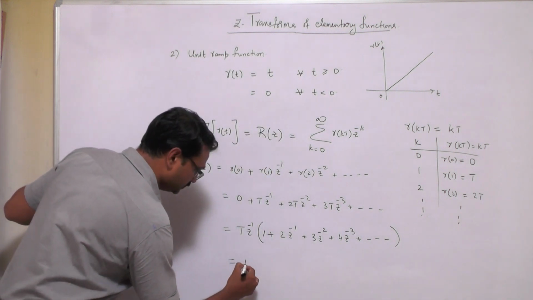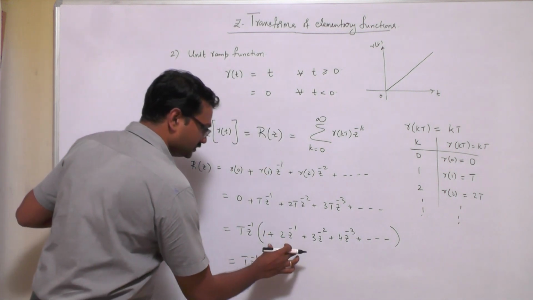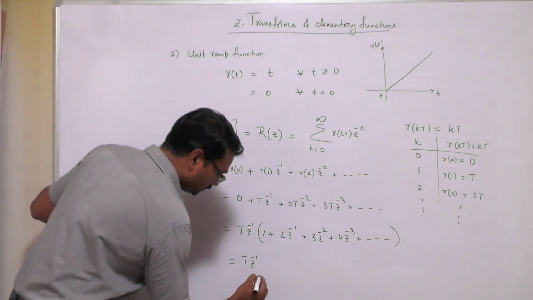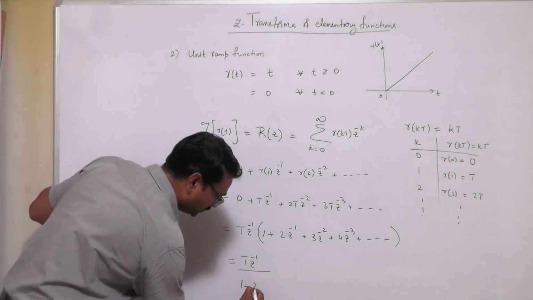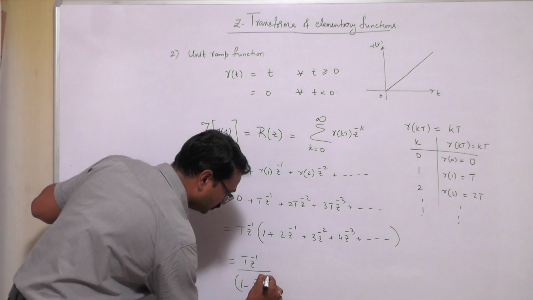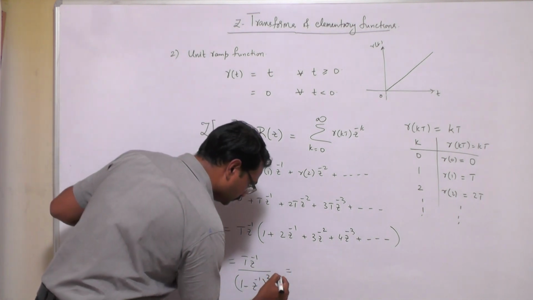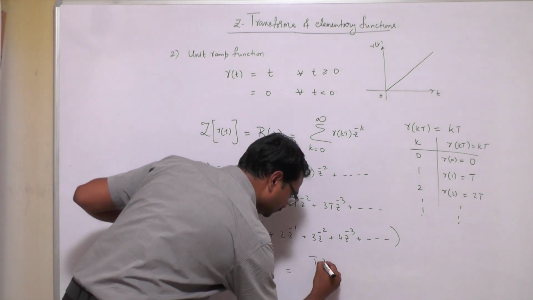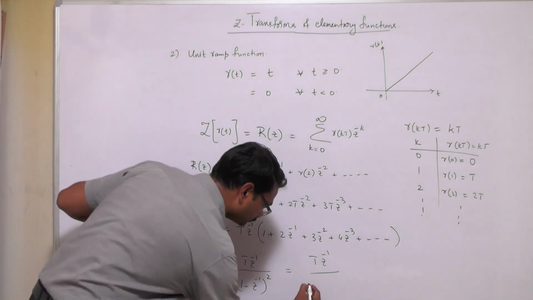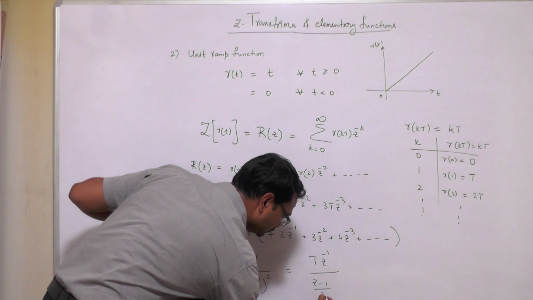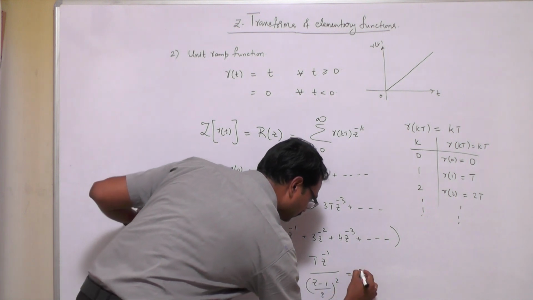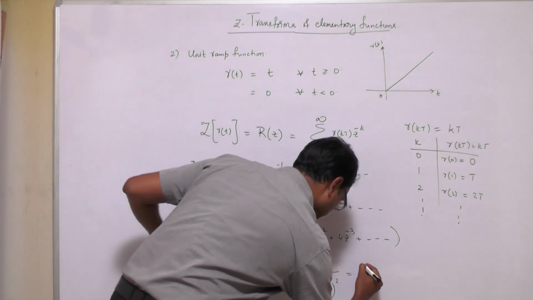After converging this series in the bracket, you get 1 minus z inverse whole squared. So you get t z inverse by z minus 1 by z whole squared.